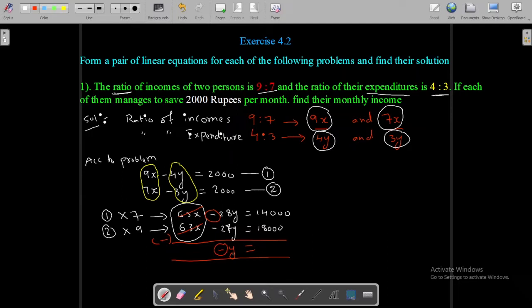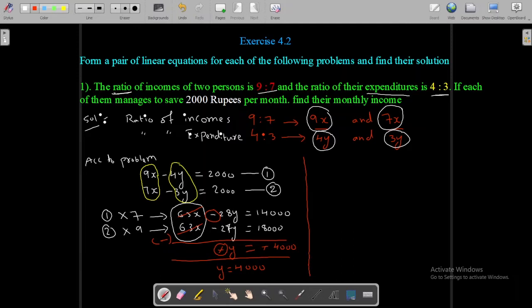So minus y is equal to minus 4,000, and this minus and this minus get cancelled. So I will be getting y is equal to 4,000. Okay.